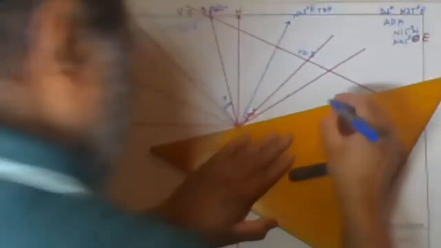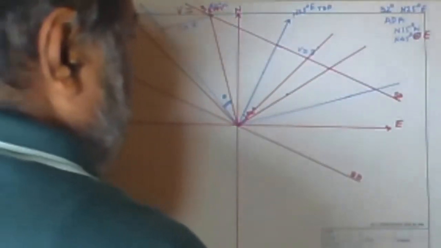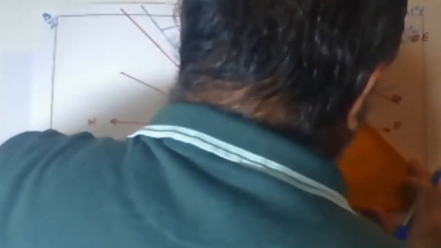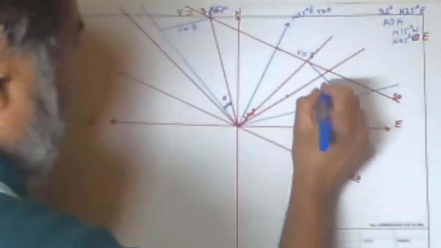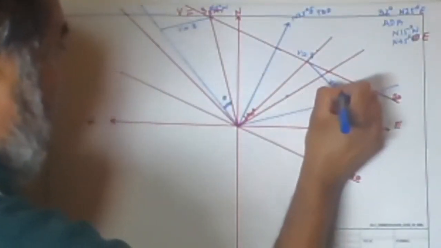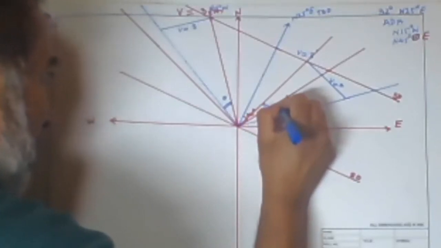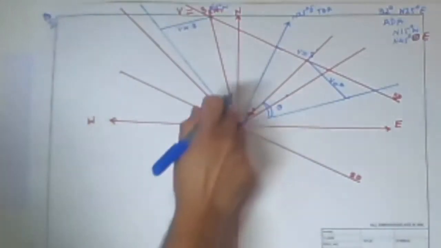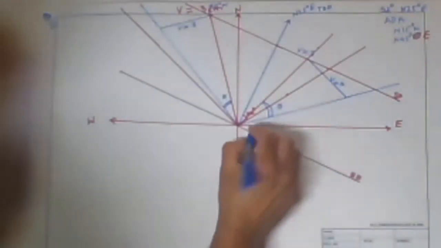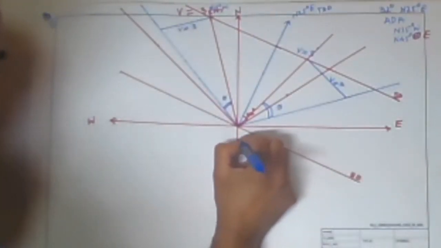Use a different pencil. And now use your V. This is your V3. So your answer will be here. This is one answer here, and second answer will be here, and the third answer will be here.